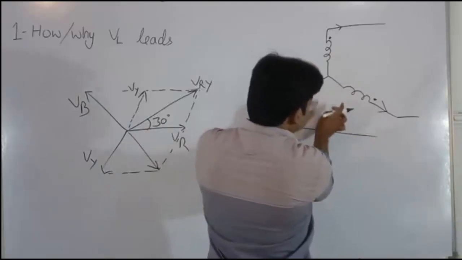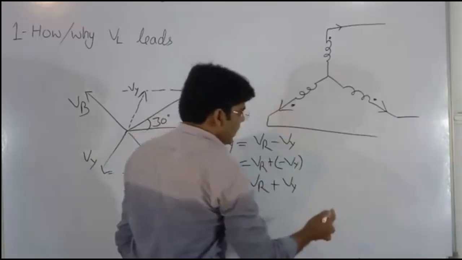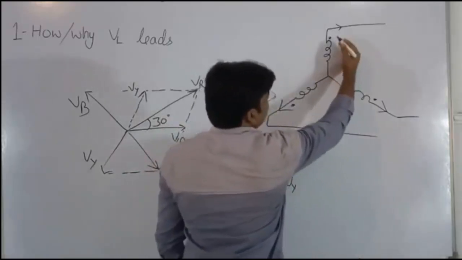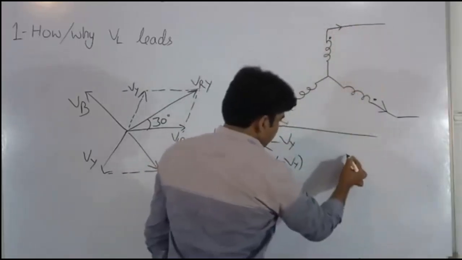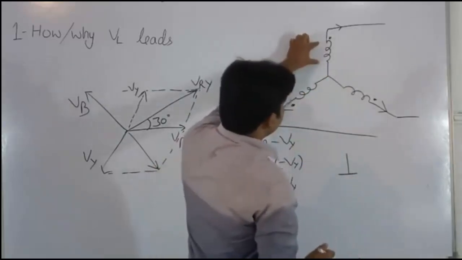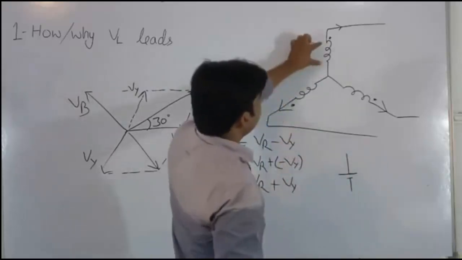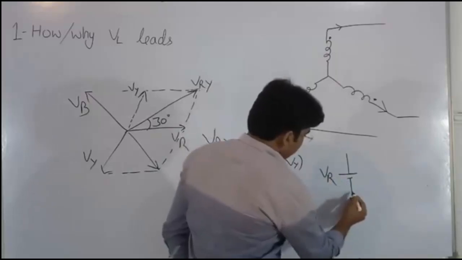So now we can represent this winding by a voltage source, as actually this winding tries to cause current to flow in this direction. So we will show this winding by this voltage source, and it is R phase, so it is VR.